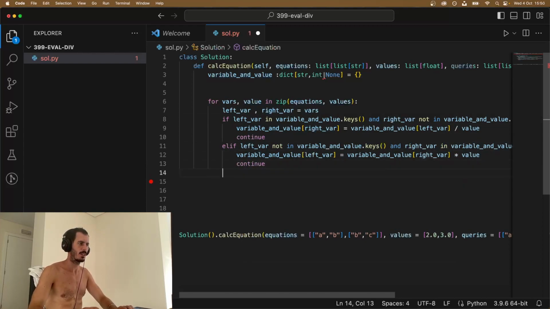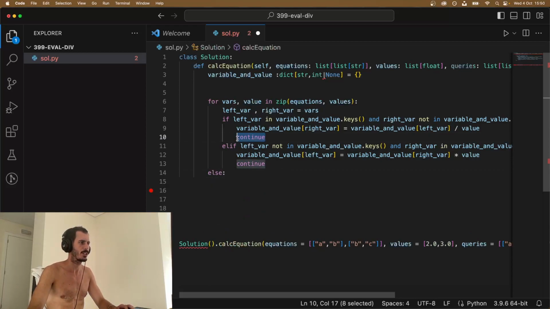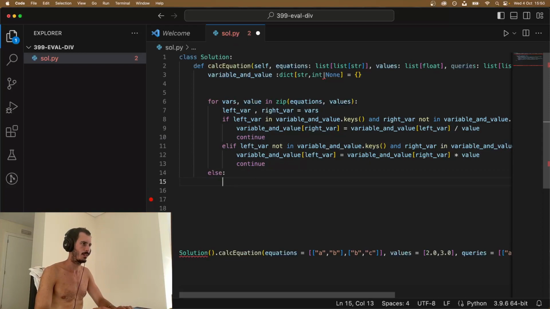And I can say something like, hey, else. And this block of code will only run if it doesn't reach a continue or a break. Else, insert an arbitrary value as one of those. So how can we do this?